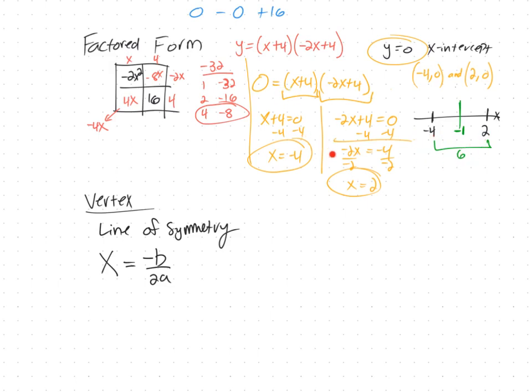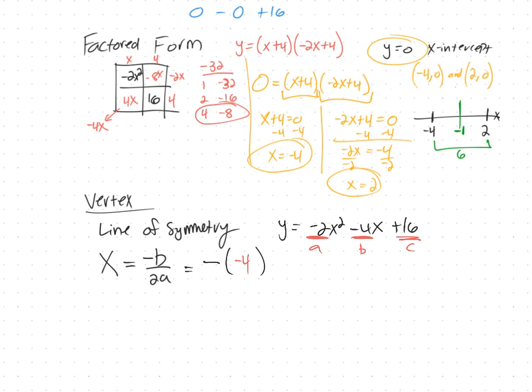We can just use the original equation, which was y equals negative 2x squared minus 4x plus 16. We've got the a, the b, and the c, and just plug it in. But take note that this is negative b, and b is negative.